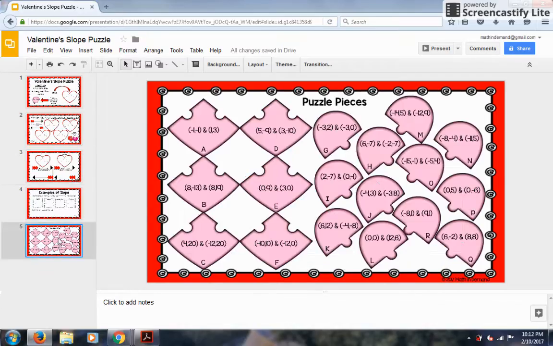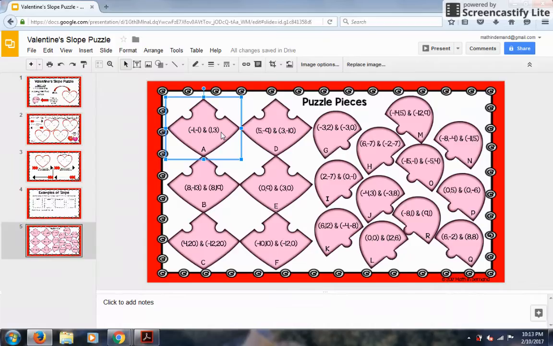So I'm going to go back here, and I would solve this problem using the slope formula. And once I finish and get my answer, then I can copy it and paste it onto the page that has the heart with the same slope. So after I calculate this, I have learned that the slope is 2.